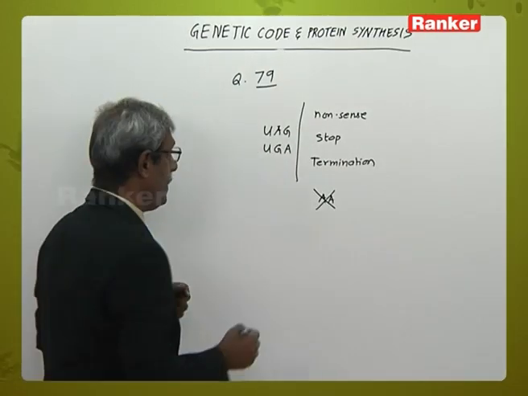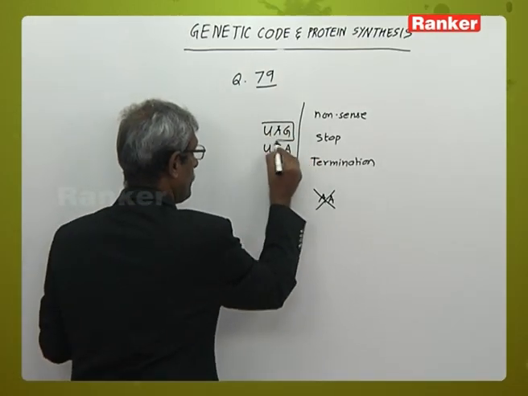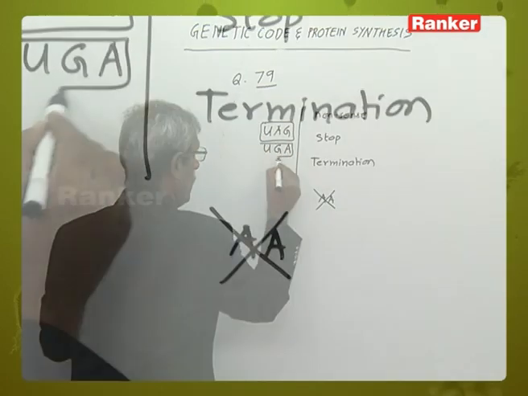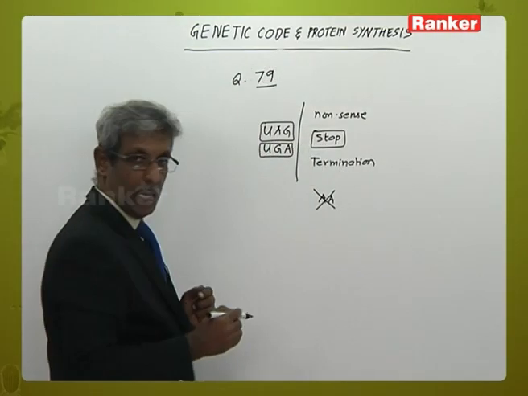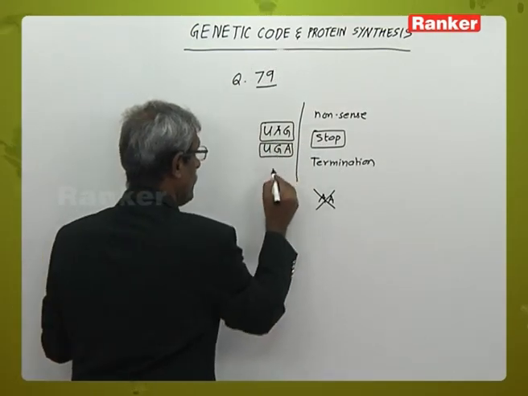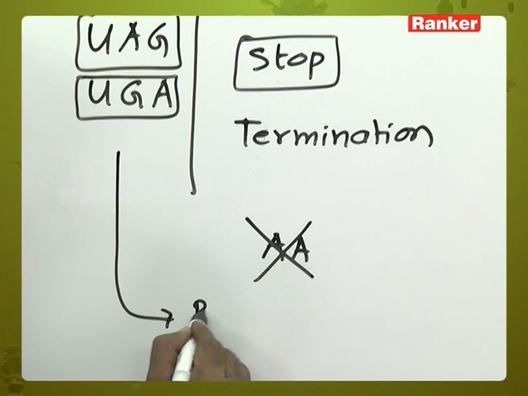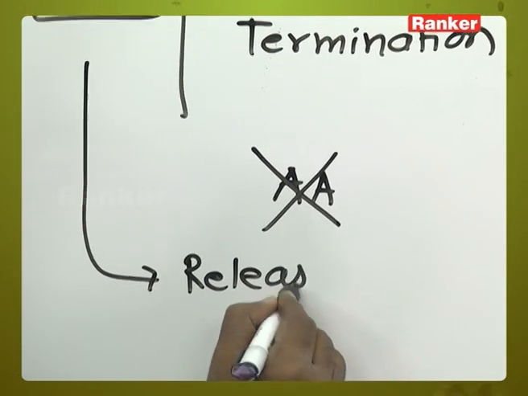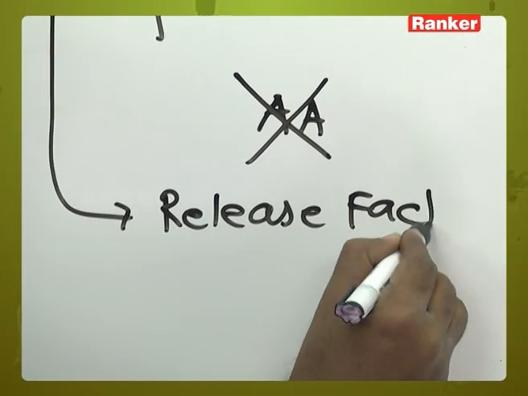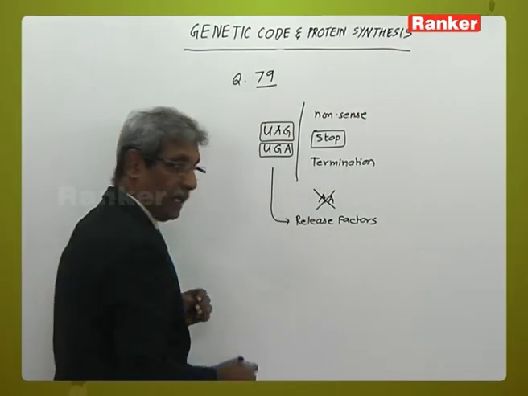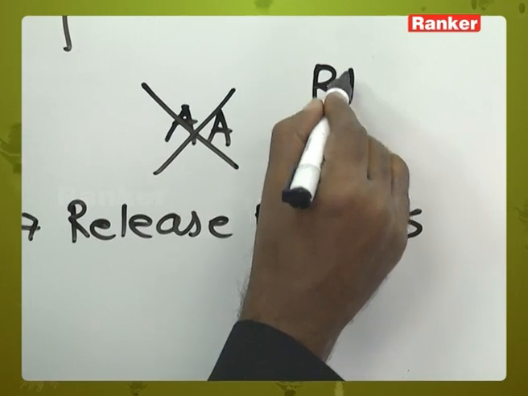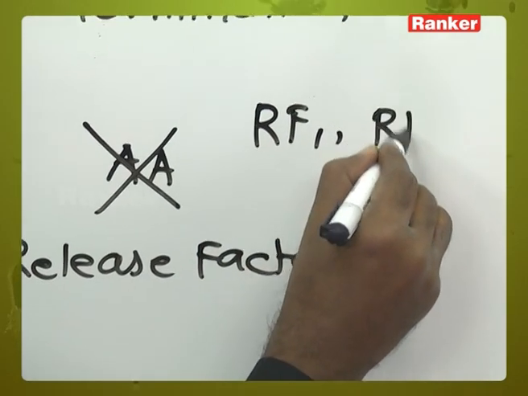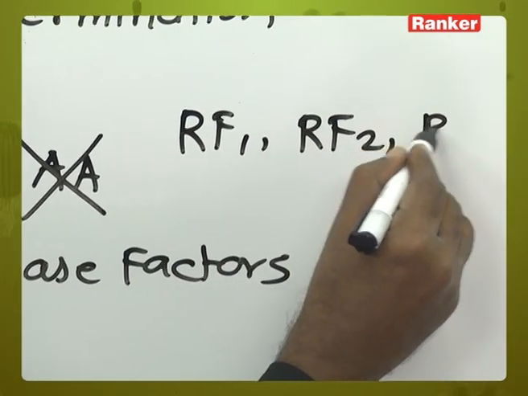Instead of the amino acid, these codons, which are called stop codons, are involved in the release of release factors. The release factors in protein synthesis are designated as RF1, RF2, RF3.